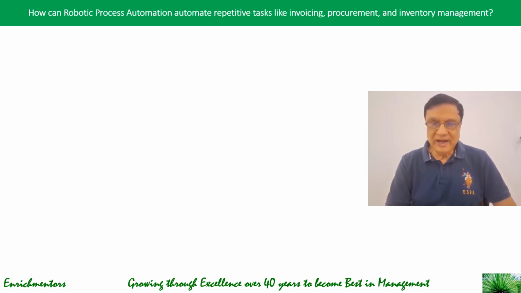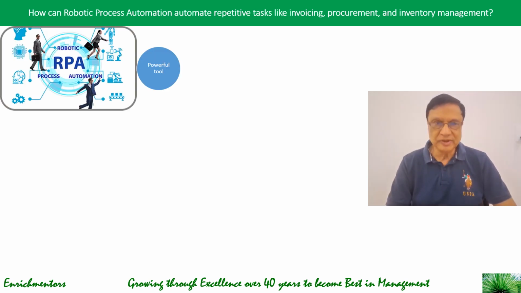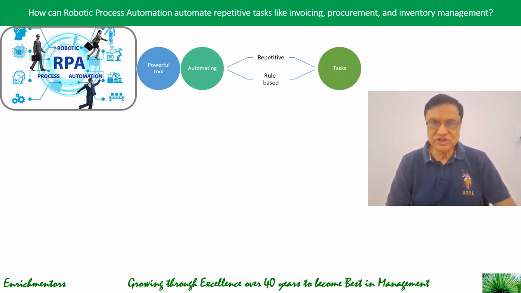Before we do that, let's understand some basics. RPA, robotic process automation, is a powerful tool for automating repetitive, rule-based tasks, especially in operations management. In operations management, you have many repetitive and rule-based tasks that it can automate.